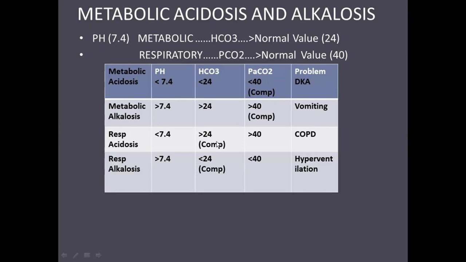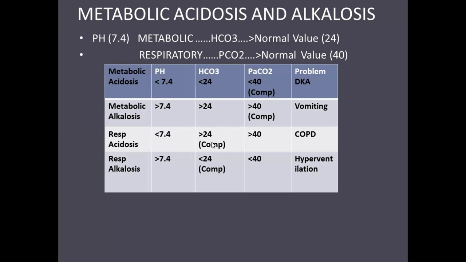But always remember, whenever there is a metabolic state, the respiratory compensation occurs within a minute. However, in case of respiratory acidosis, there is a renal compensation, where the kidney either reabsorbs or excretes bicarbonate, so it's a delayed compensation in case of respiratory cases.